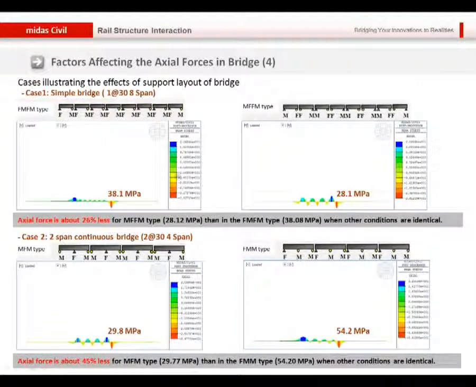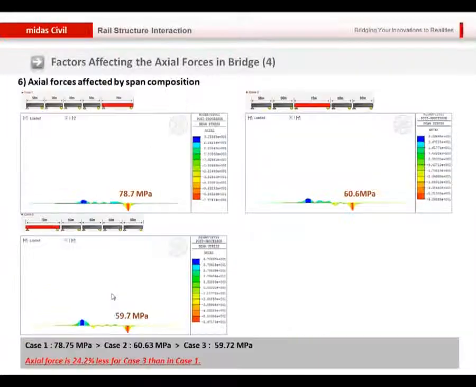Firstly, comparing those two, the axial force is much less in the case of the second support type. And also if we compare those two, we can see the axial stress is much less in this case, which has the smaller expansion length.